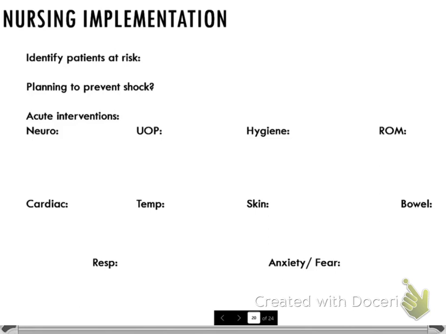Skin, we want to make sure that we're watching temp and color, making sure that it's dry, making sure we're not seeing any of that mottling or diaphoresis. Make sure they have bowel sounds. They might have an NG tube to decompress the belly.